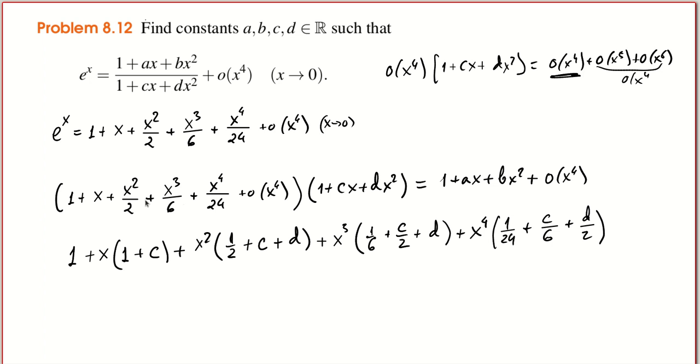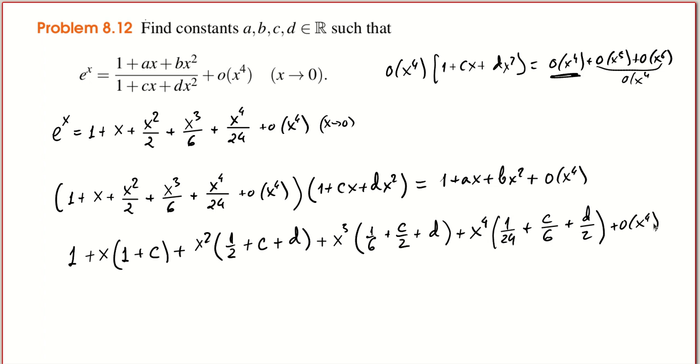And no more, because there's no other multiplication that produces x^4. This by that gives you x cubed, which is already counted. And finally, we multiply this by that, and as we have seen, we just get o(x^4).